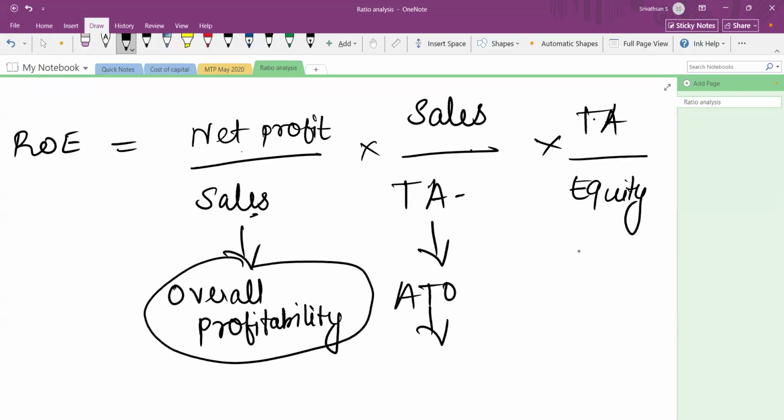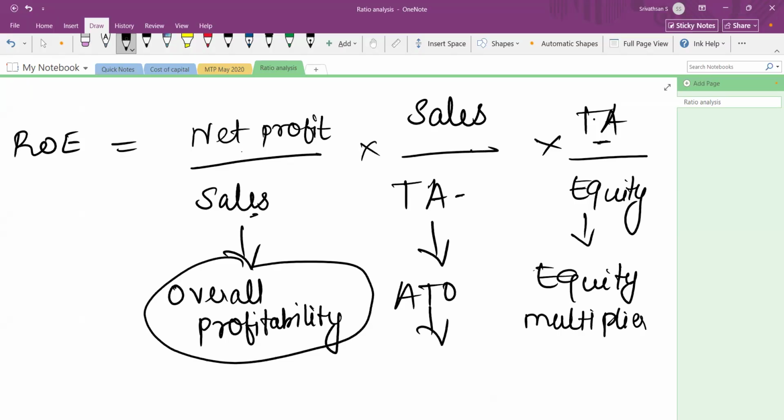First let me explain what this third term is. This is nothing but your leverage. Let me use the same term that is given in your textbook. This is your equity multiplier, which tells us the proportion of equity that is used for financing your total assets.